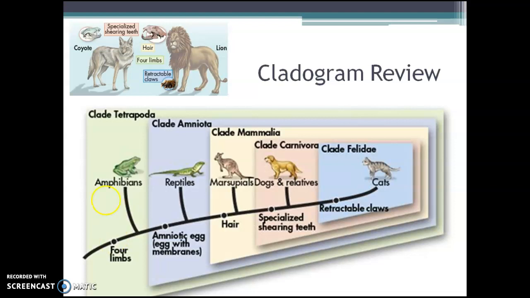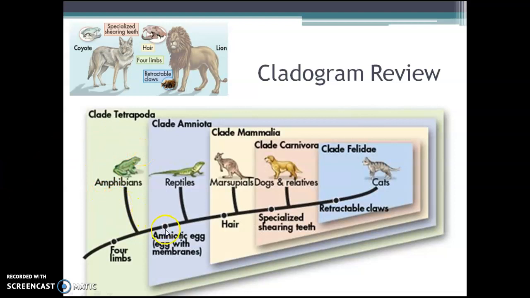And so we can look at a box here. It's not really a box, but you get the idea. This is clade Tetrapoda, and in science, pod or poda refers to foot or leg. Tetra, I was just actually playing Tetris last night, right? The game Tetris is named so because it has 4 blocks that make up every piece in the game. So tetra means 4, so 4 limbs.